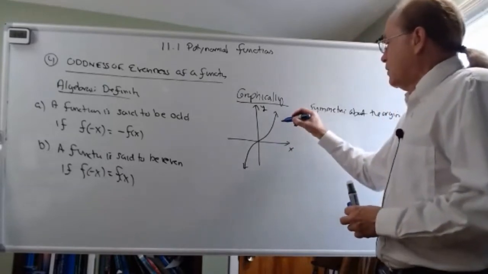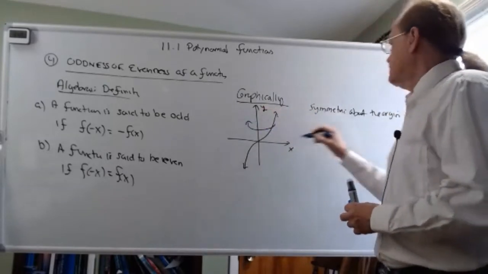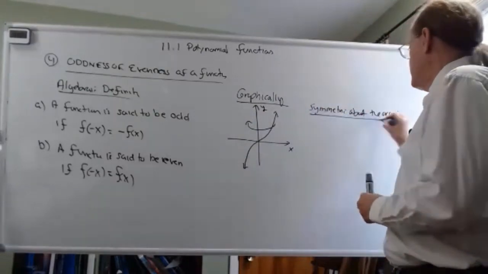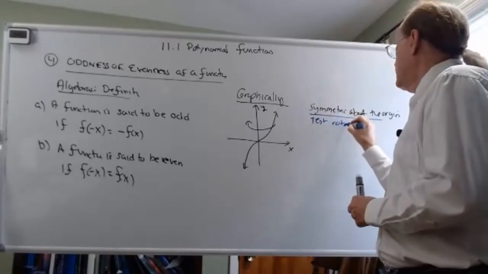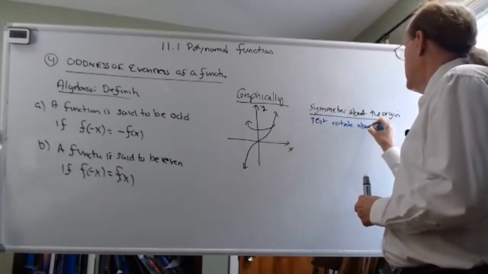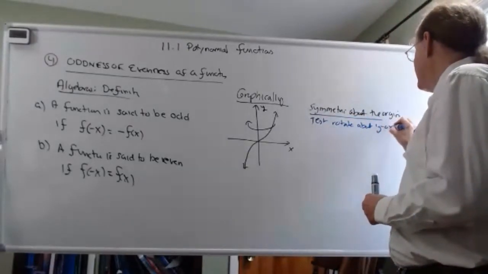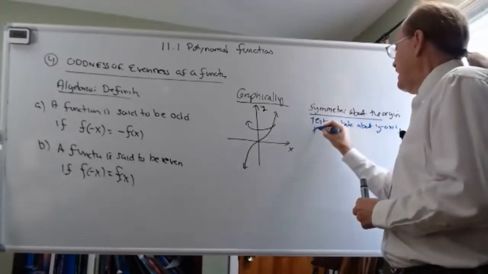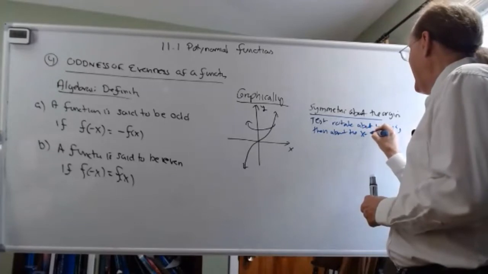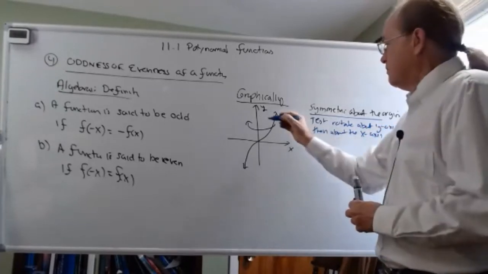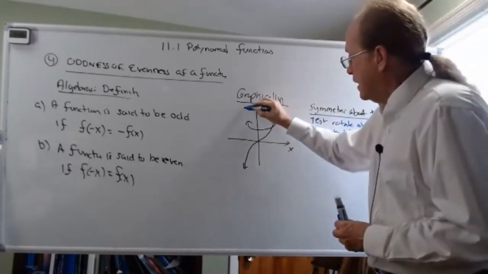One thing I could do is I could rotate about the y-axis to test for this symmetry. Here's the test: rotate about the y-axis, then about the x-axis. So then rotate with the y, so it would look like this now.